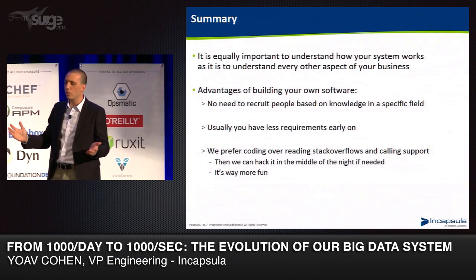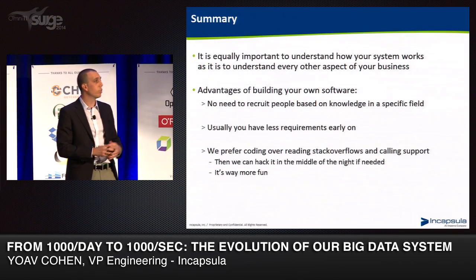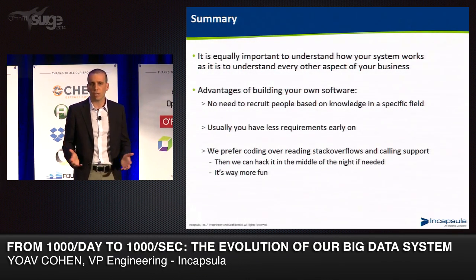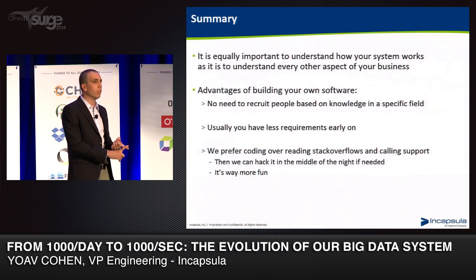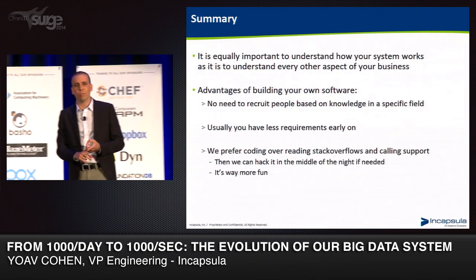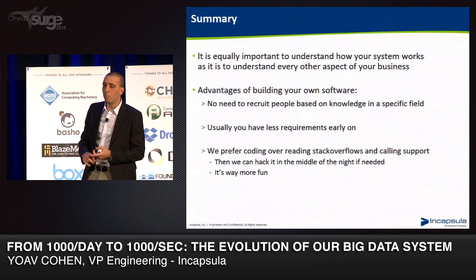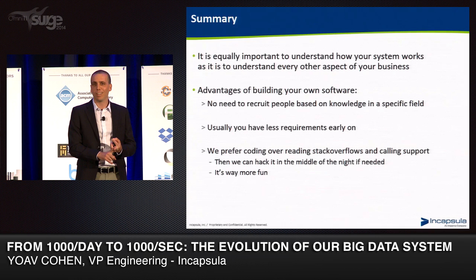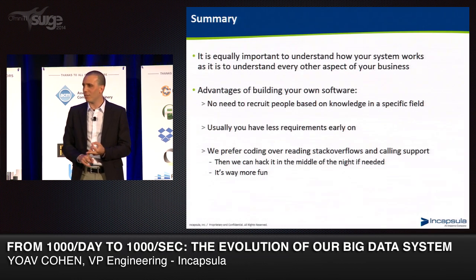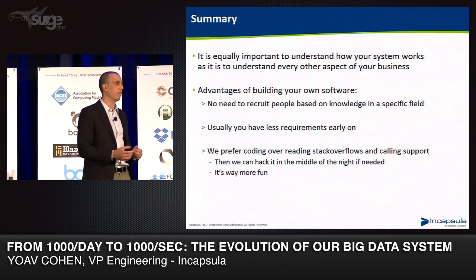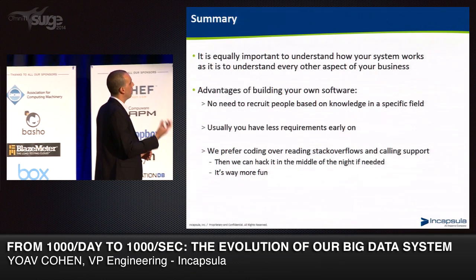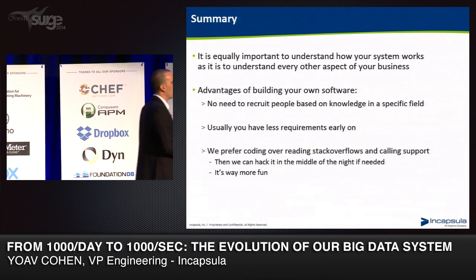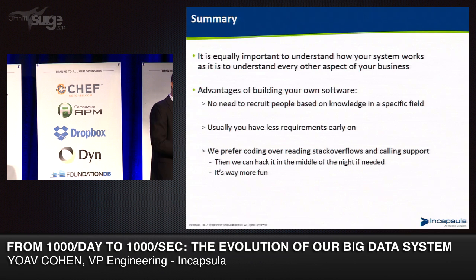And OK, so we don't know anything about Cassandra. In order to make it work, we need to find someone who knows Cassandra. So A, it could be a problem to find someone who knows Cassandra. B, once you get someone who knows Cassandra, you're going to run Cassandra because this guy wants you to run Cassandra. So I think it affects the overall decision-making process when you have people who are very invested in a specific technology.